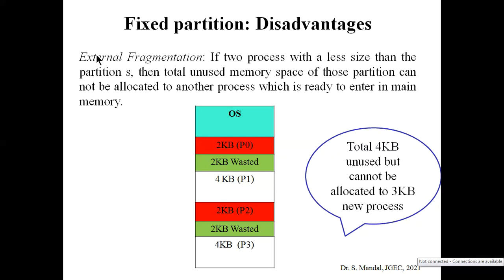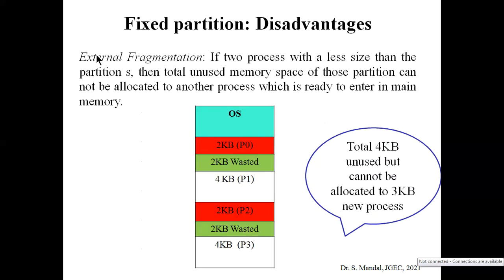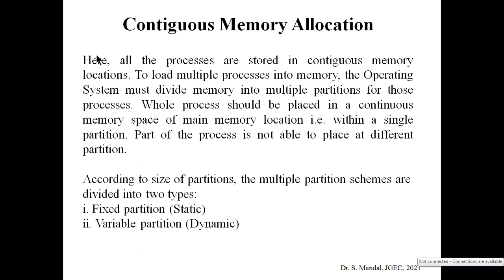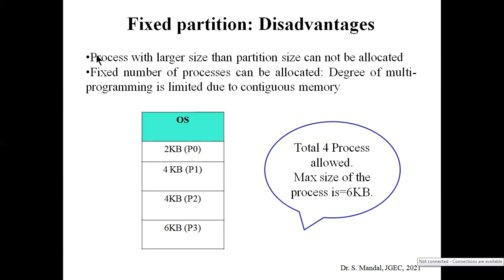So internal plus external. Now another problem, consider this type of contiguous memory allocation, where there are four partitions: 2 KB, 4 kilobyte, 4 kilobyte, 6 kilobyte.